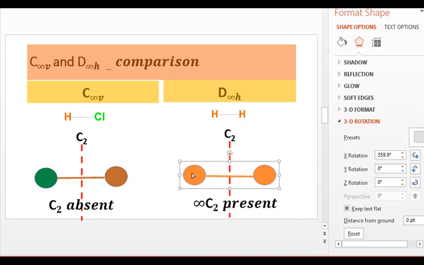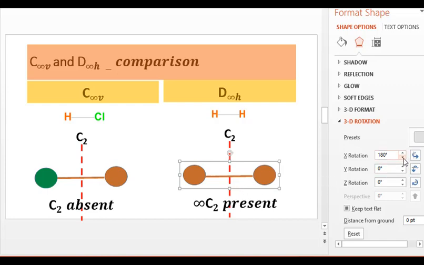Whereas in the case of hydrogen molecule, when you make a similar rotation about the C2 axis through 180 degrees, you find an equivalent appearance because both are hydrogen atoms.